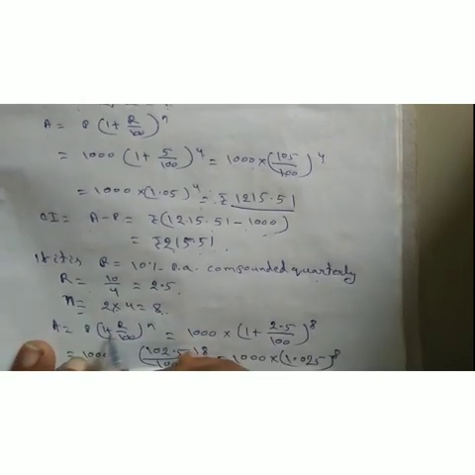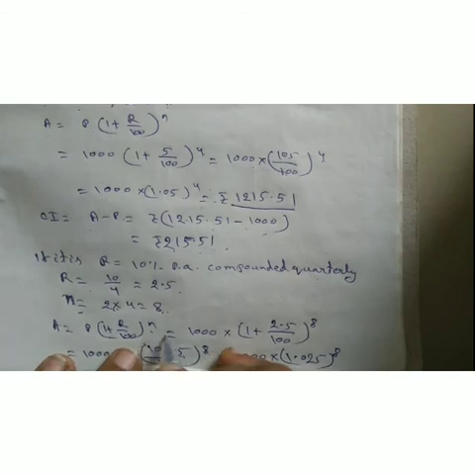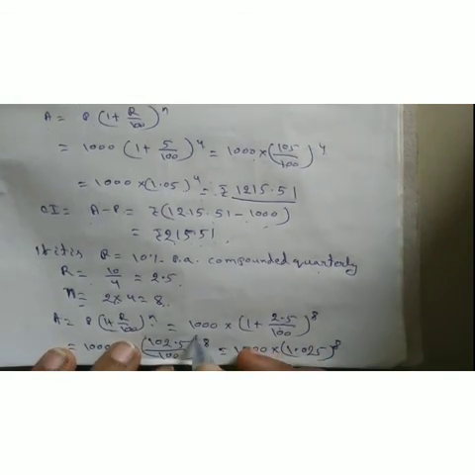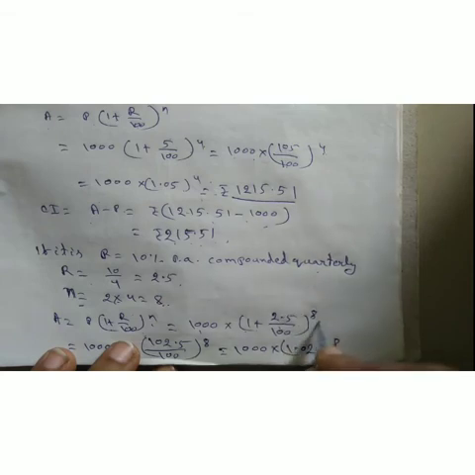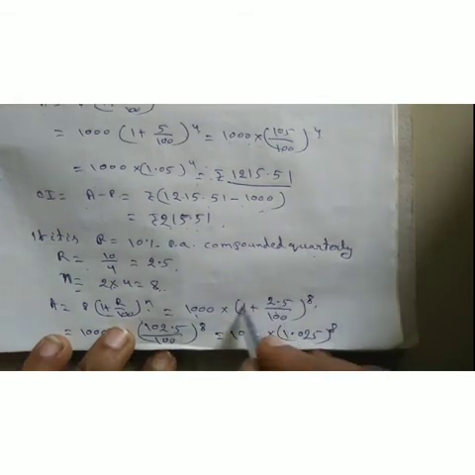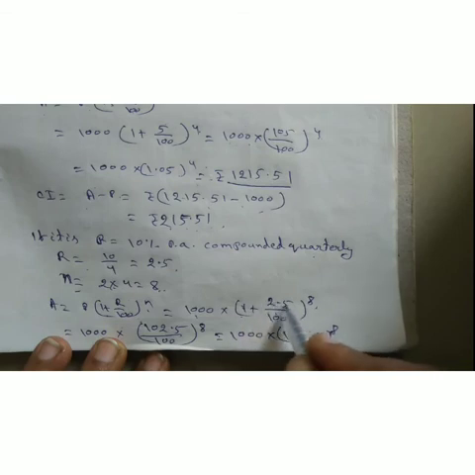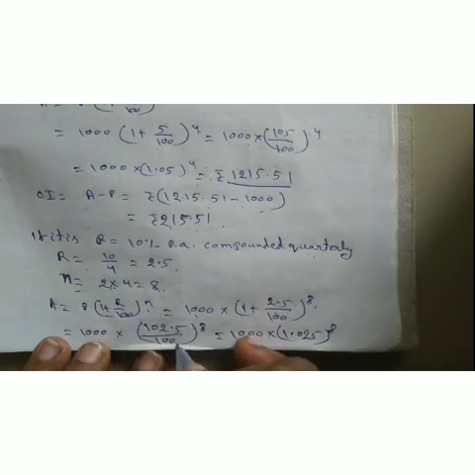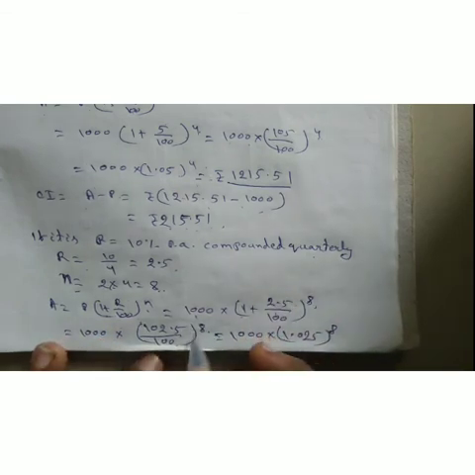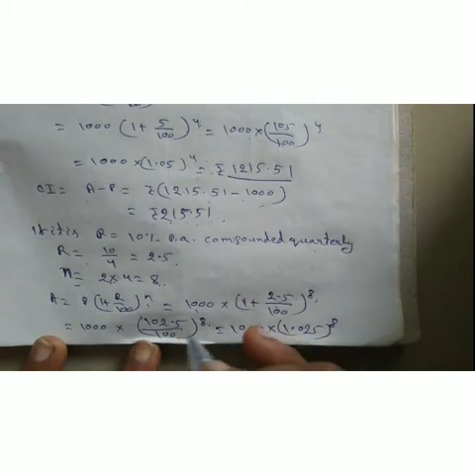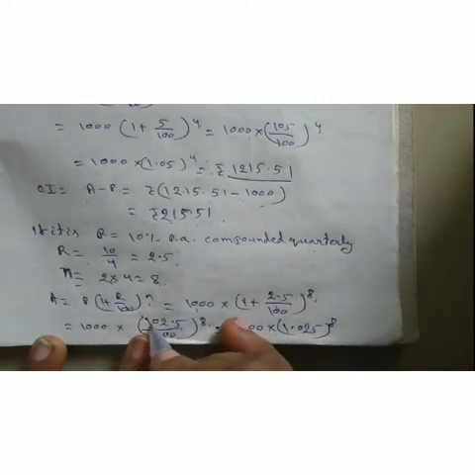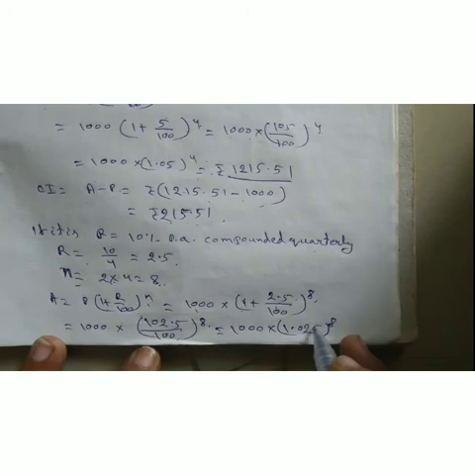So A is equal to P into (1 plus R by 100) to the power n. Putting in the values, 1000 into (1 plus 2.5 by 100) to the power 8. Taking the LCM, 100 plus 2.5 over 100 to the power 8, which we can write as 1.025 to the power 8.